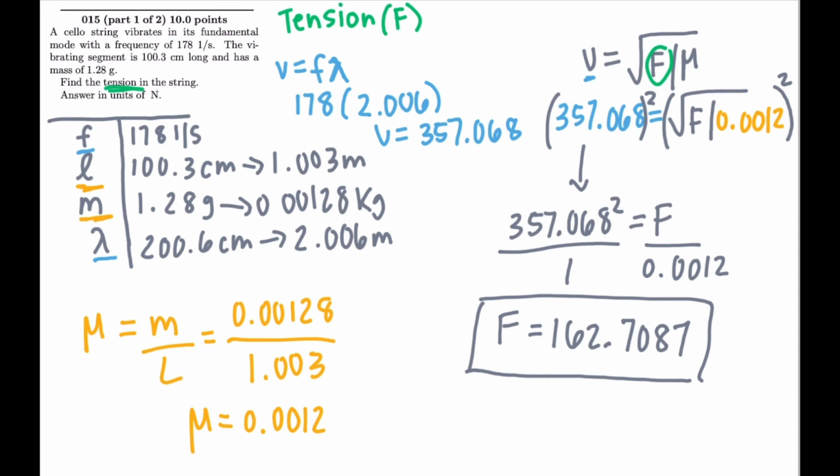Then we figured out, well, we don't have the linear density and we don't have the velocity. So we found the linear density by using linear density is equal to mass over length. Then we said we need the velocity as well. So we said velocity is equal to frequency times wavelength. We found the velocity. Then we plugged everything in and we solved for the tension force.